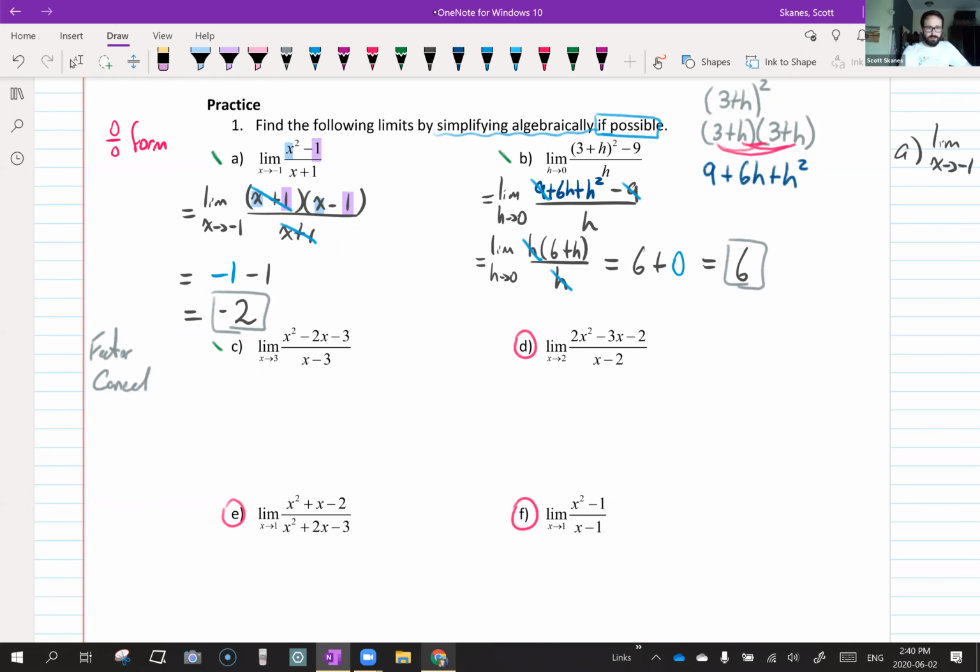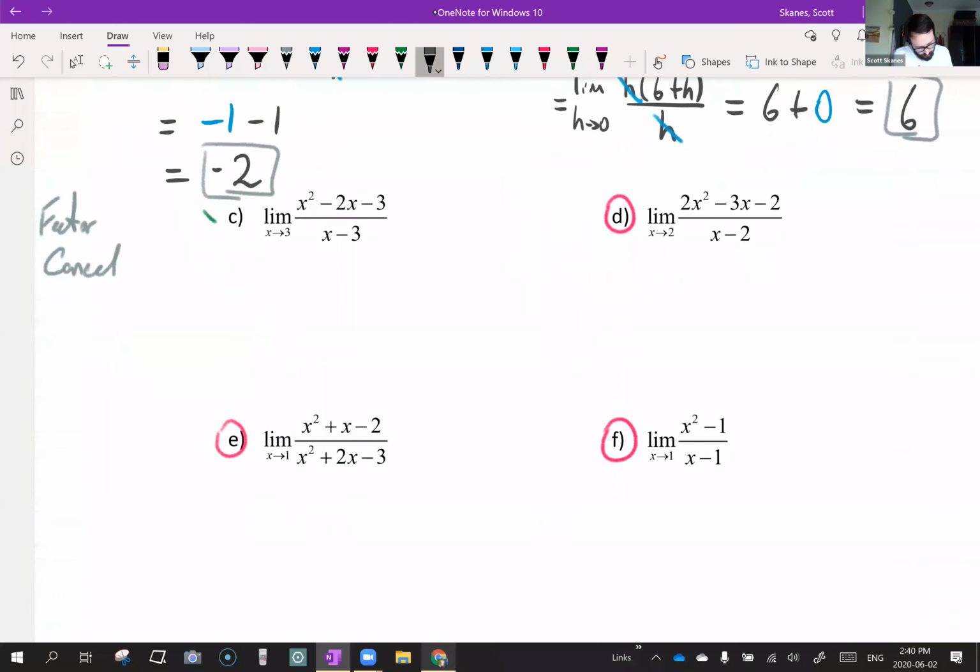Anyone else have any answers? Any ideas? I agree with you that it's 4. I agree. X plus 1 equals 4.